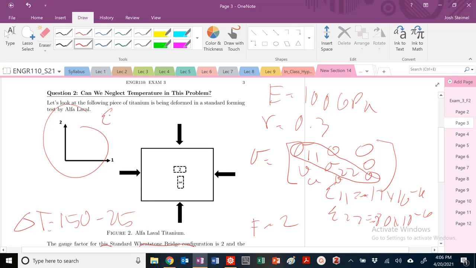So we know that strain gauge 2 is measuring my strain in the 1, 1 direction plus my thermal strain. My strain in the 3 is going to be equal to my strain in the 2, 2 plus my thermal strain.